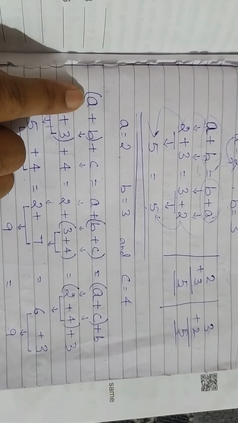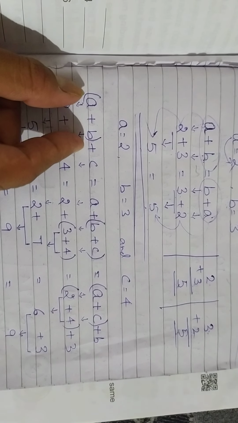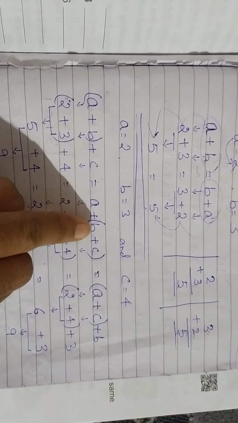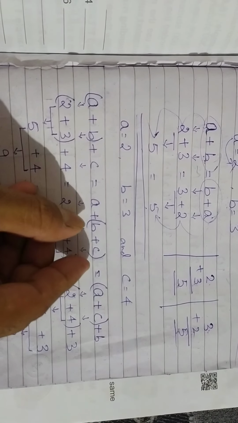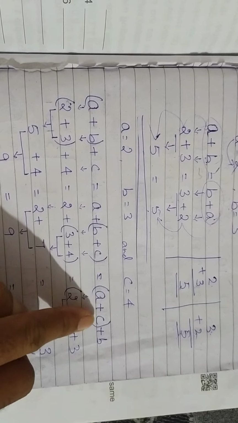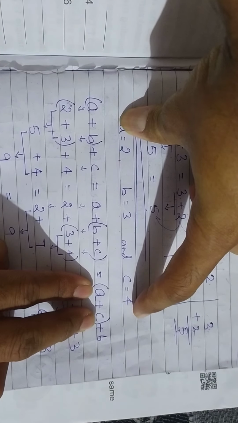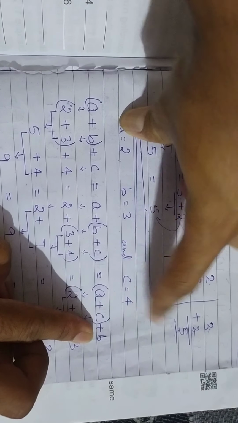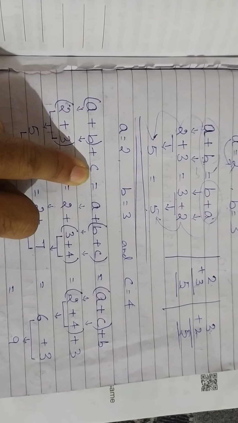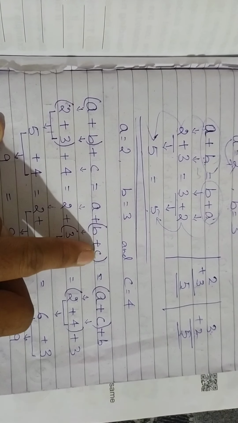Now see, A plus B plus C. Here I have grouped A and B, then plus C. Here I have grouped B and C, A plus B plus C. Here I have grouped the first addend and third addend, A plus C, plus B. First addend and second addend are grouped in the first. In the second, the first addend is as it is, and the second and third addends, B plus C, are grouped.